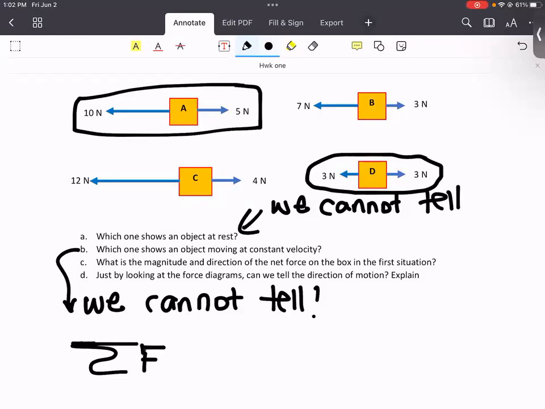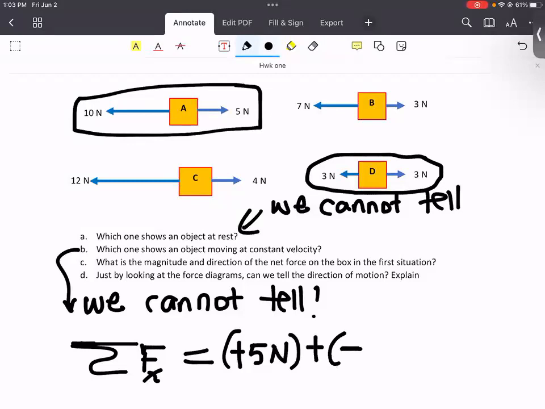And since it's in the X direction or horizontal direction, we put sub X here, and that will be the net force. So first of all, we can put the 5 newtons. And since the force is acting to the right, it's going to be plus 5 newtons. And then we have to add the other force, which is the 10 newtons, but it's acting to the left.